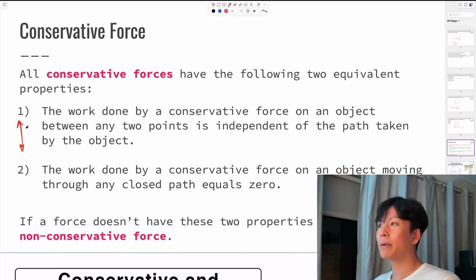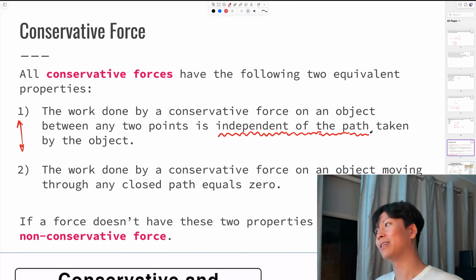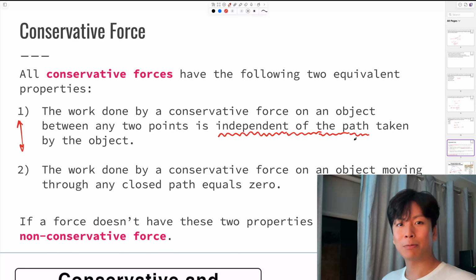So the work done by a conservative force on an object between any 2 points is independent of the path taken by the object. We've heard this term before in the previous video on gravitational potential energy. So it's path independent. I'll explain in more detail what this means in a second.